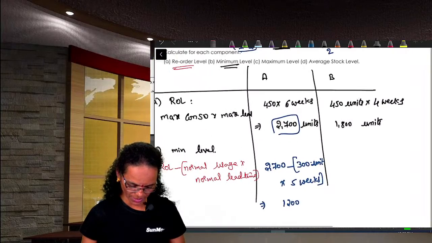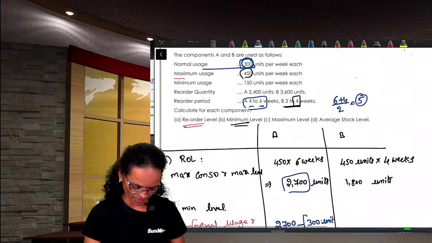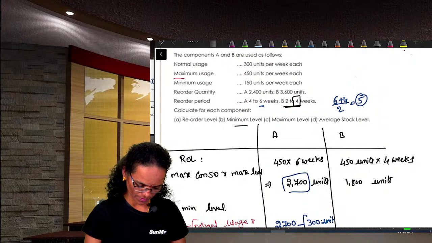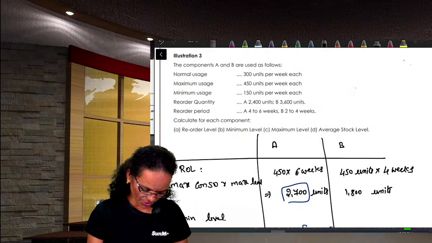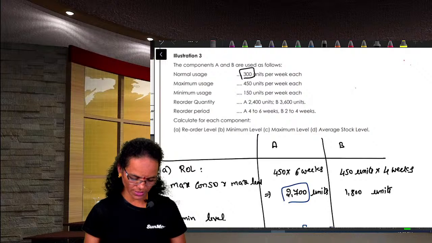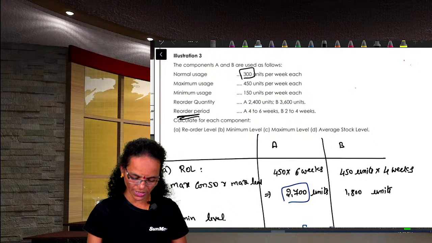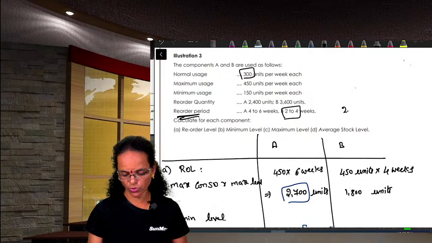And for B, normal usage is 300 units, and the normal reorder period is 2 plus 4 divided by 2, which is nothing but 3.